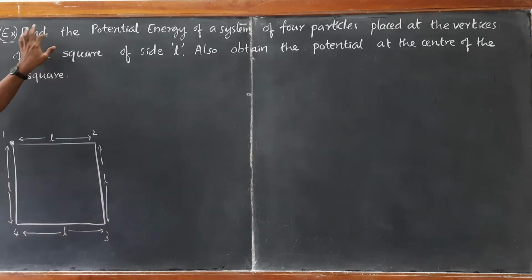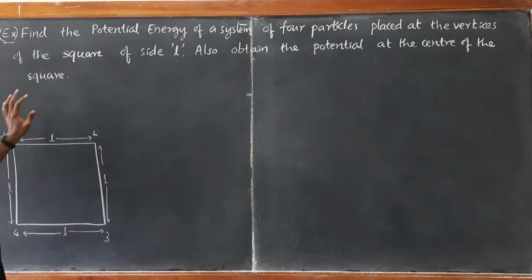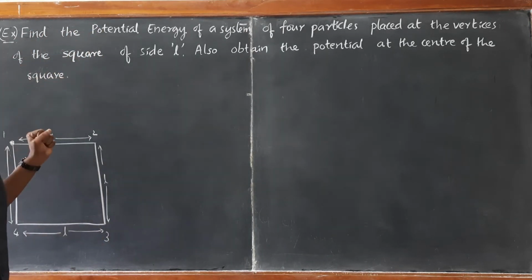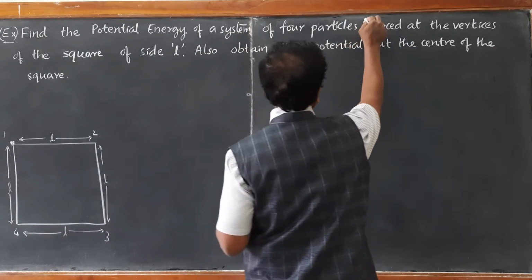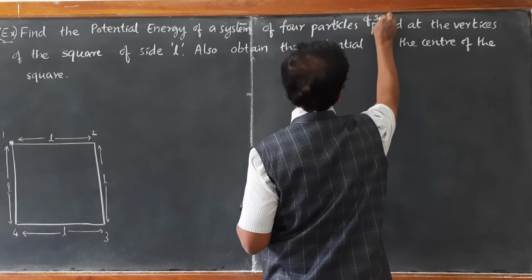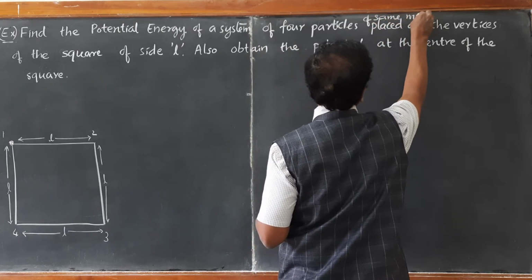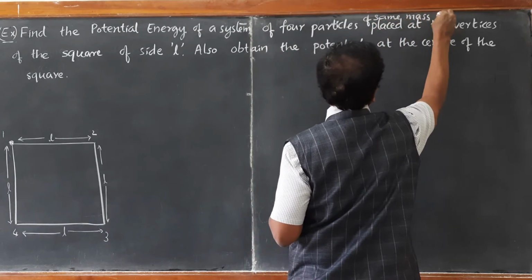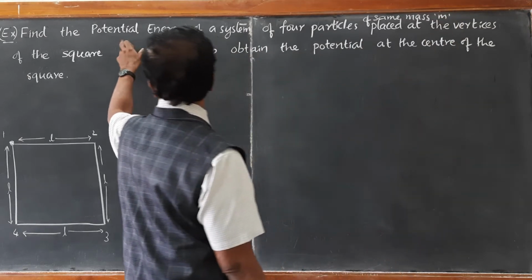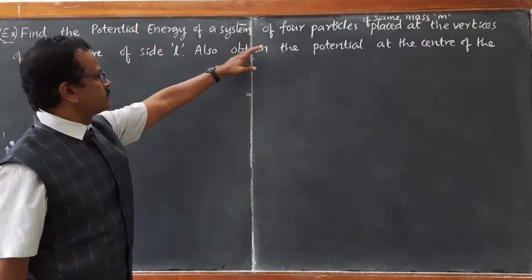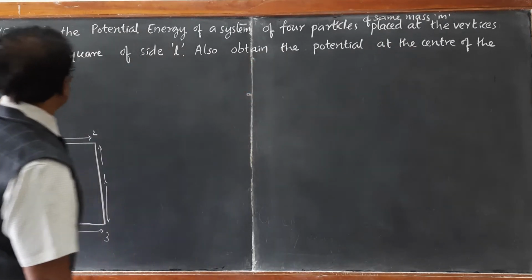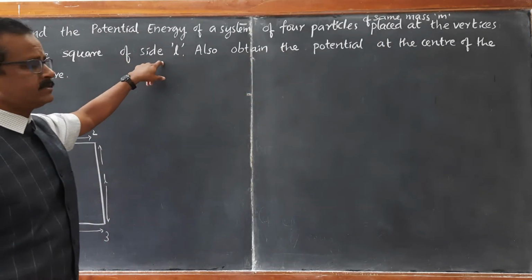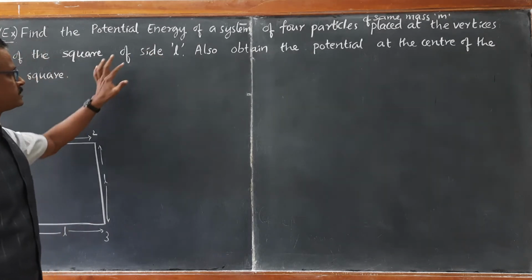So, the 4 particles given here are of the same mass. You can take M. Find the potential energy of a system of 4 particles of same mass placed at the vertices of a square of side length L. Okay, first we will obtain the first part.